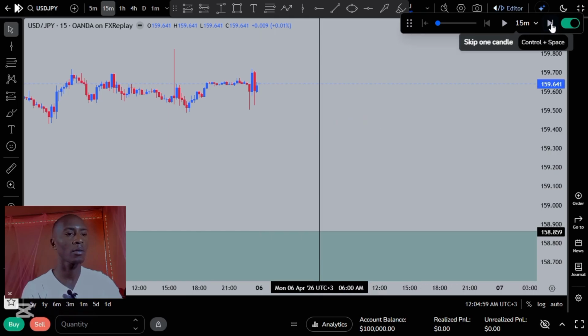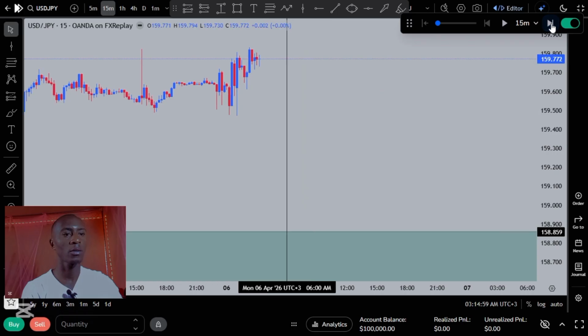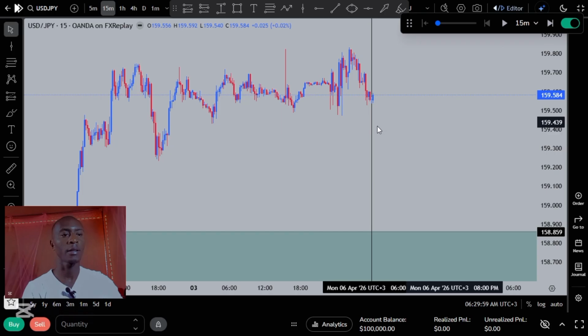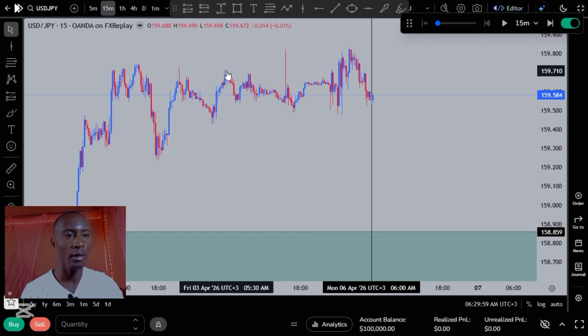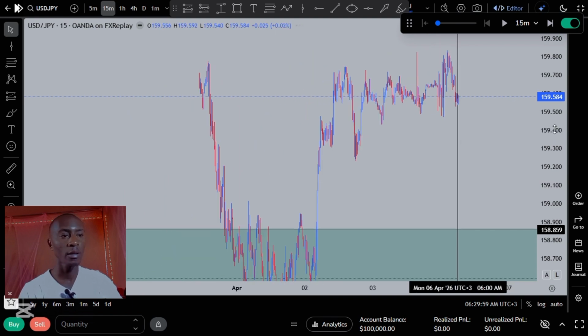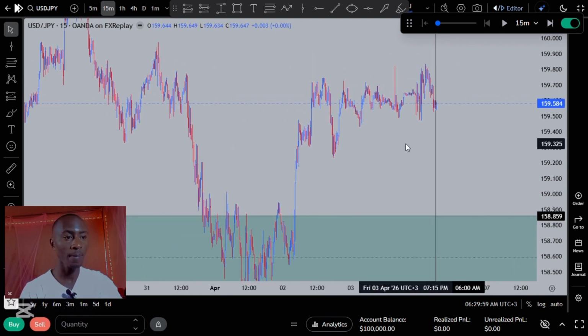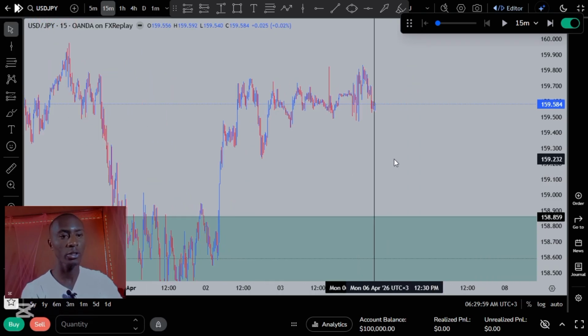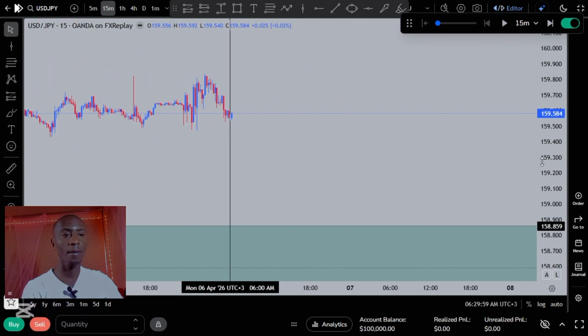Let me delete that one and then land on 6 a.m. By 6 a.m. you can see this market, even if it was in consolidation, was making some highs and some lows. So at this point, I'm looking for a pullback of about 40 to 50 pips or more, and then we get a reversal pattern, and then we're going to get into that trade. All right, so let's go.